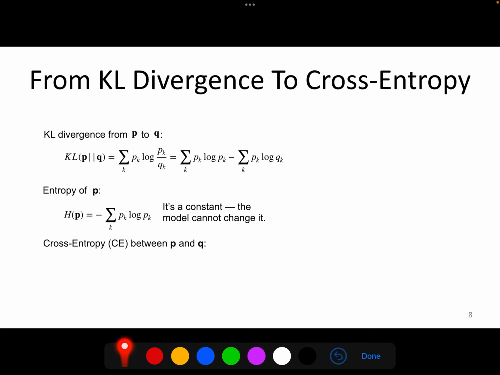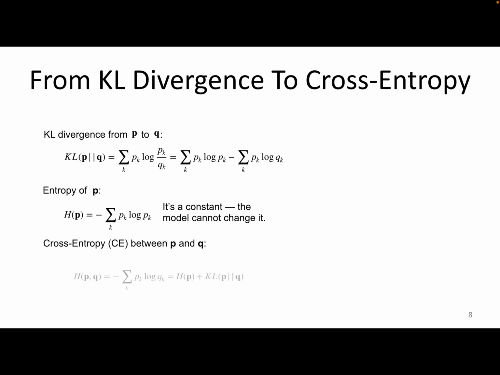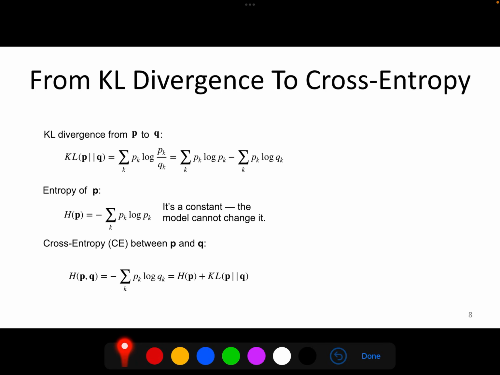The second term is the cross-entropy between P and Q. So this is the cross-entropy between P and Q, and this is the KL divergence from P to Q. This is a constant. So we can see that minimizing KL divergence is equivalent to minimizing the cross-entropy.